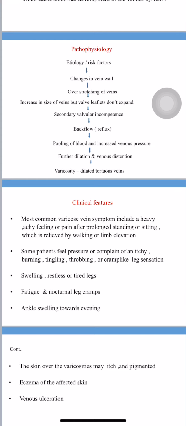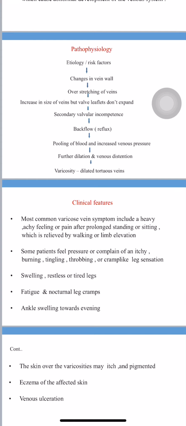That leads to secondary valvular incompetence and backflow of blood, causing pooling of blood and increased venous pressure, which leads to further dilation and venous distension. It ultimately leads to varicosity, that is, dilated tortuous veins, that is varicose vein.